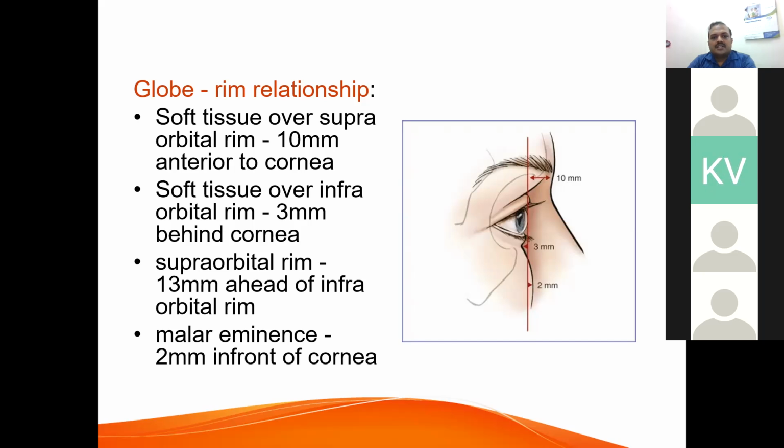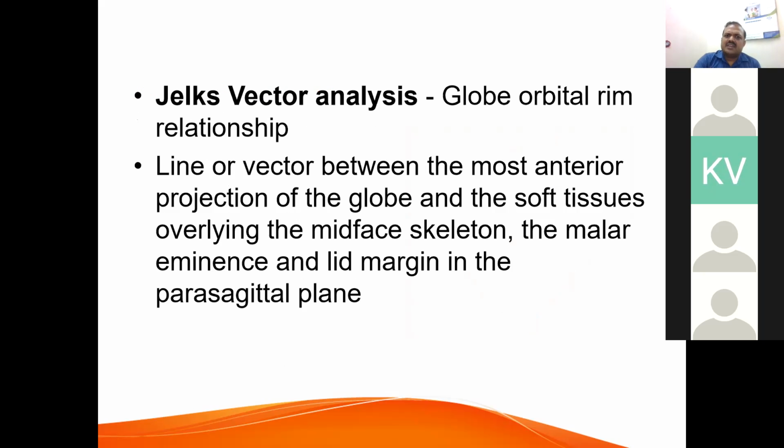So the supraorbital rim is 13 millimeter forward to the infraorbital rim, and the malar eminence is 2 millimeter in front of the cornea. When you look at the profile photograph and draw a vertical line through that, this vector analysis is called the globe rim relationship.